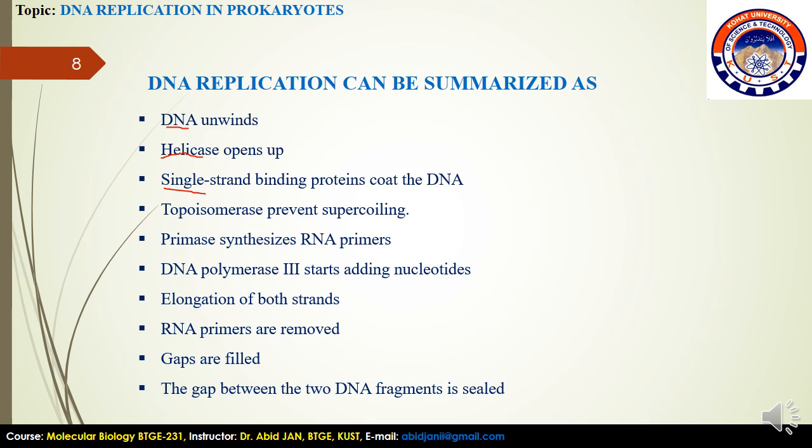Single-strand binding proteins coat the DNA around the replication fork to prevent rewinding of the DNA double helix. Enzyme topoisomerase binds at the region ahead of the replication fork to prevent supercoiling.